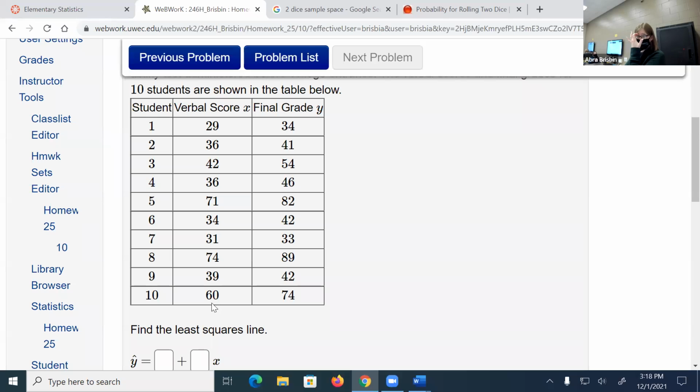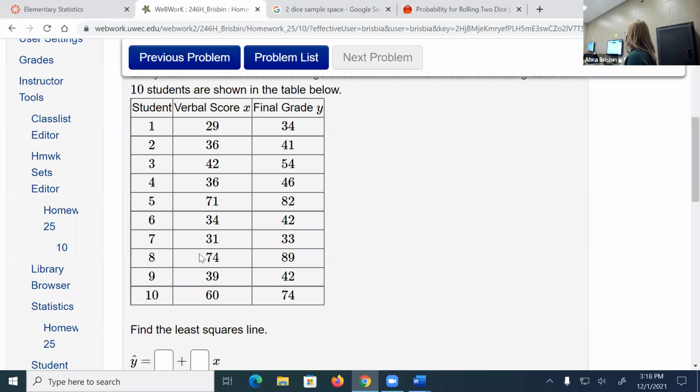So in this data set, looks like the highest verbal score was 74. So that means that a score of 100 is far outside the range of the verbal scores that we use to build the model. Anybody remember what that's called when you're making a prediction outside the range of the data?